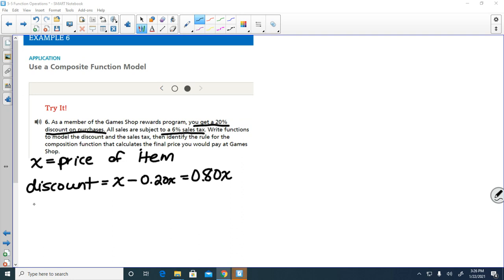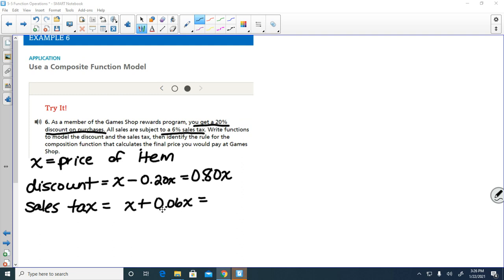Then there's a formula for the sales tax. Sales tax is where you take the price of the item and I add 6% of the price of that item.